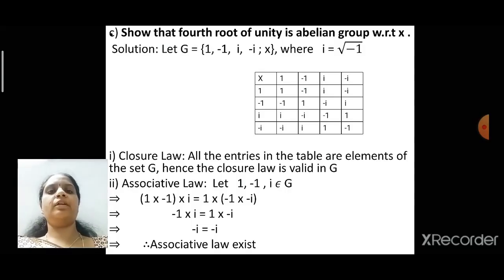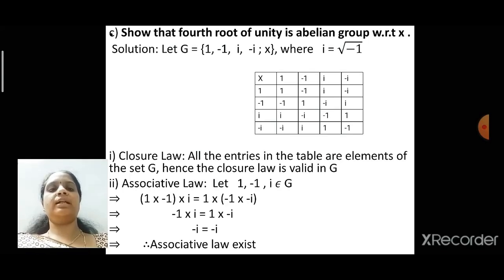Next, to verify the associative law, let's take three elements from group G only. The elements are 1, minus 1 and i. Let's take the operation for the associative law. The operation is again multiplication. On the LHS, the bracket is for 1 and minus 1. On the RHS, the bracket is for minus 1 and i.